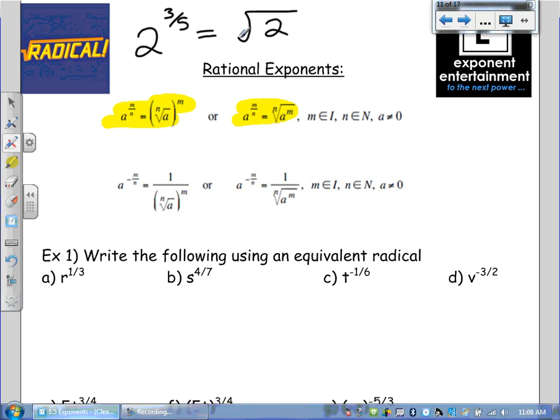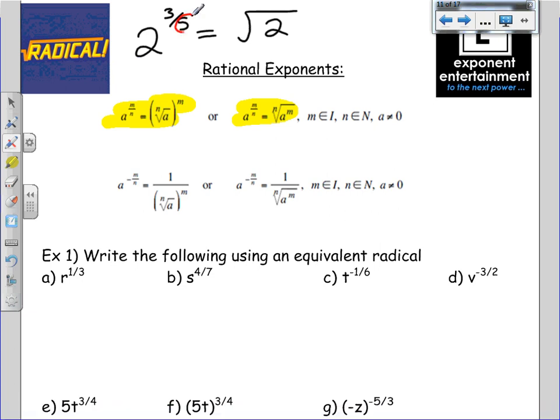The 5 goes there. It's your index. And this 3 can still stay right there. The example shows the 3 coming outside the brackets. That's the first way. The second way shows it inside the bracket. It'll give you the same answer.